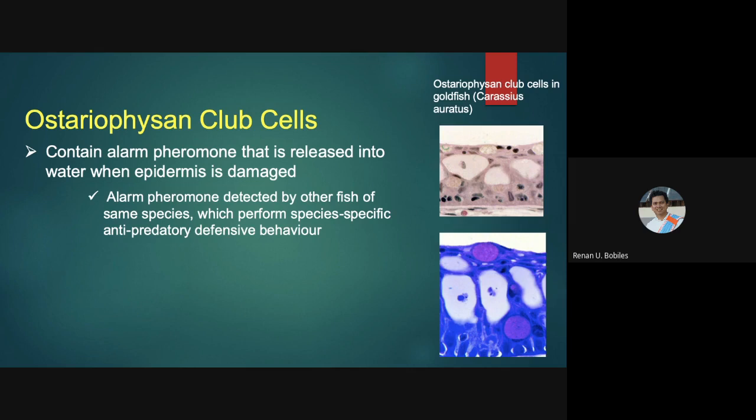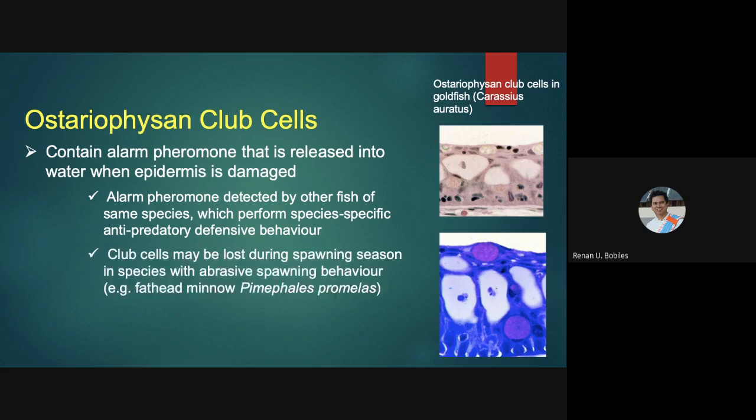Okay? So yan. So club cells may be lost during spawning season in species with abrasive spawning behavior. Ito yung during spawning, nagkikiskisan ng body.